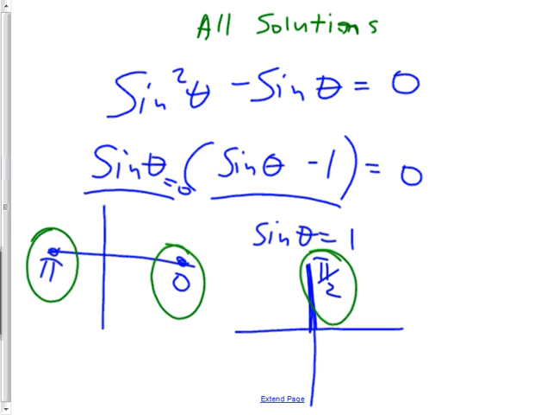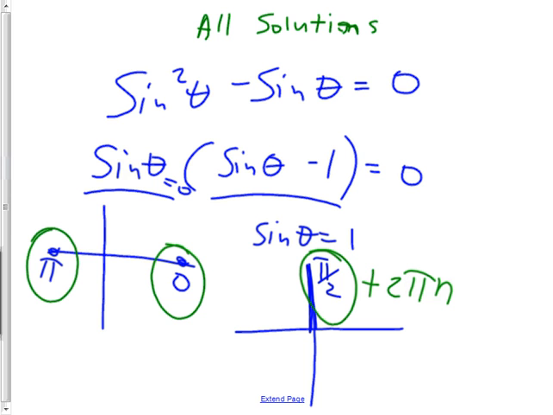So prepare to learn something new. If they just ask you for all solutions, and they don't say between 0 and 2 pi, are you really supposed to list every solution, which is an infinite number? Of course not. But each of these solutions will repeat every 2 pi. So you say plus 2 pi n. I heard one math teacher say he uses 2 pi k.